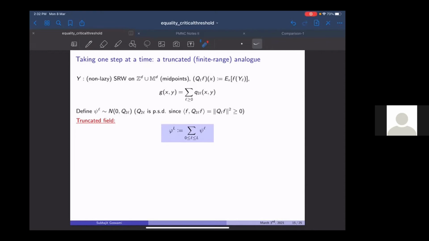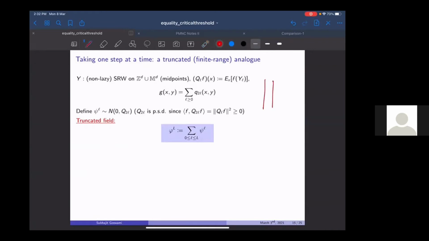And how do I see that? Well, you can write the L step transition kernels for the lazy random walk as the even step transition kernel of a non-lazy random walk on an extended lattice. So it's probably useful to know anyway.